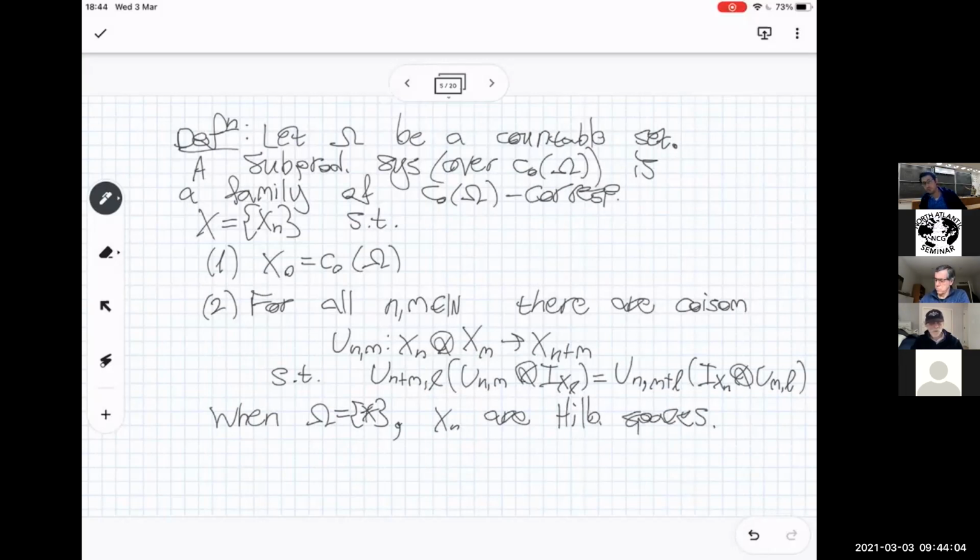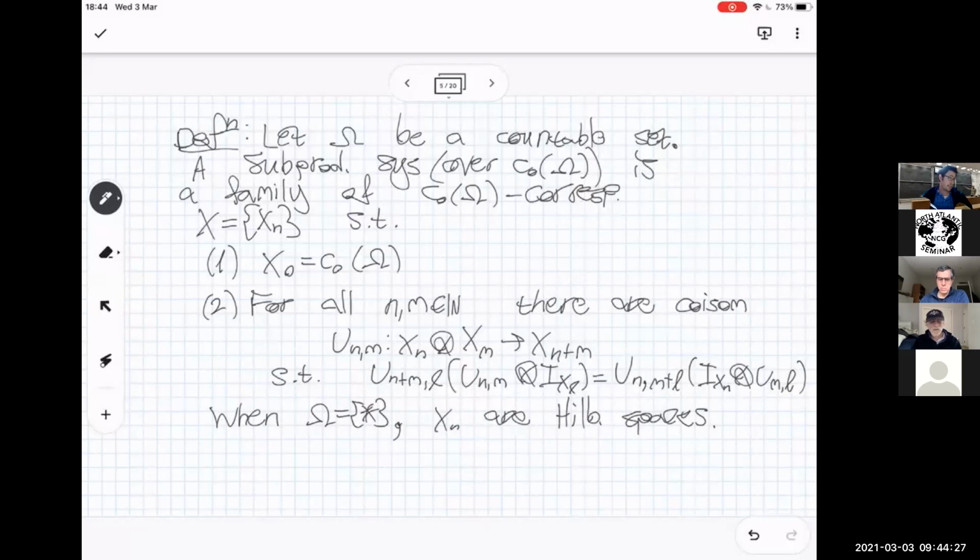And that sort of makes life easier. But I am going to talk about some subproduct systems where omega is no longer just a single point.